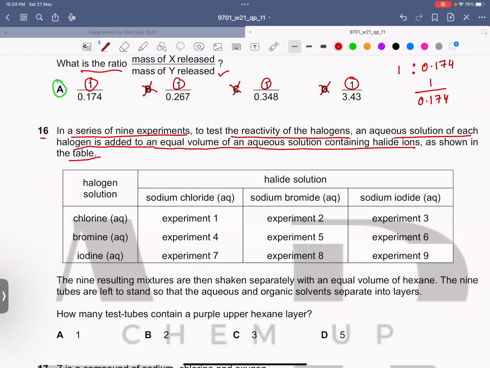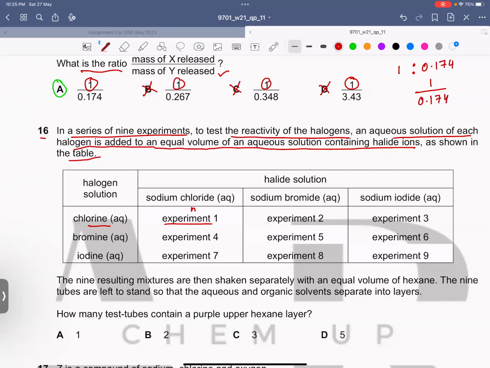The halogen solution is chlorine. In experiment 1, sodium chloride is added to chlorine.